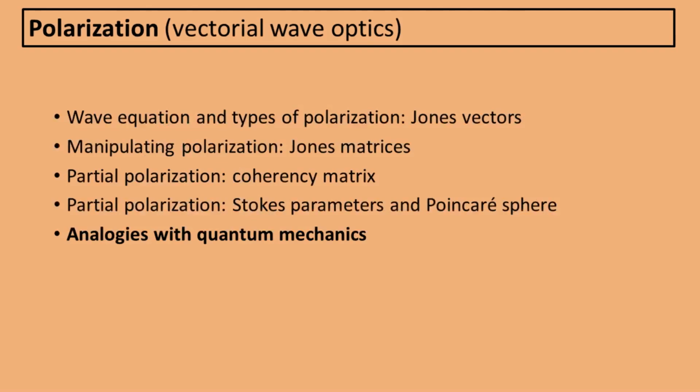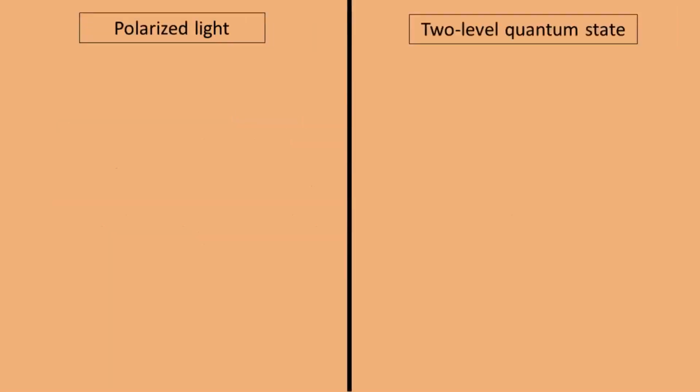While it's not required for understanding the topic of polarization and partial polarization, it's interesting to note that there are lots of similarities between the description of polarization states and the description of two-level quantum states, and that the main difference only lies in the terminology that is used. The two-level quantum state may be the polarization of a photon, but in principle it could be any two-level system, such as the spin of an electron or a system with a ground state and an excited state.